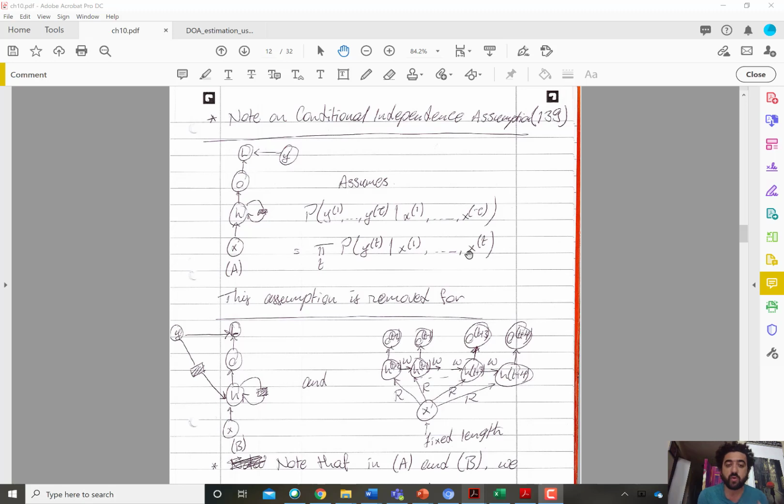So if t equal 2, then this is probability of y of 2 given x of 1 and x of 2, right? Why does this model impose this assumption?